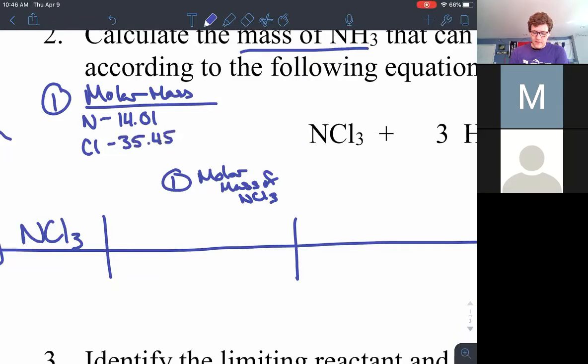All right. And then remember, it's NCl3, which means we got to multiply this one by 3 first. So we got to multiply it by 3. 106.35. All right. So now we take this number plus this number, and we should get our molar mass.